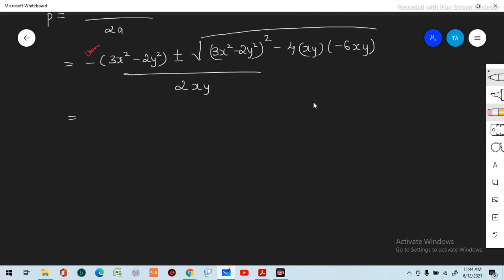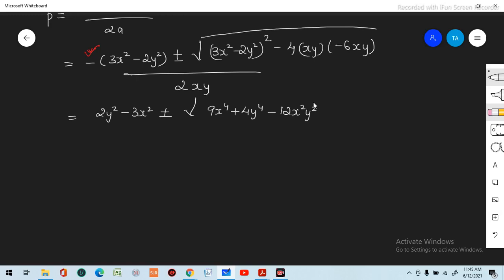2y square minus 3x square. Yes, 2y square I will get, because minus becomes plus. 2y square minus 3x square plus or minus as it is the square root. What comes in the square root now? I have a minus b whole square formula, right? Expand that. So 9x power 4 plus 4y power 4 minus 12x square y square.